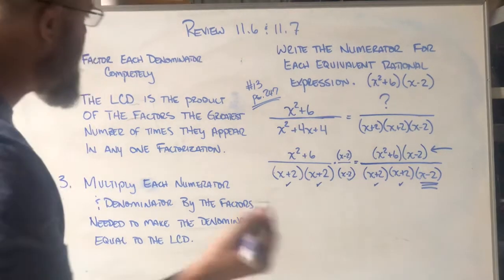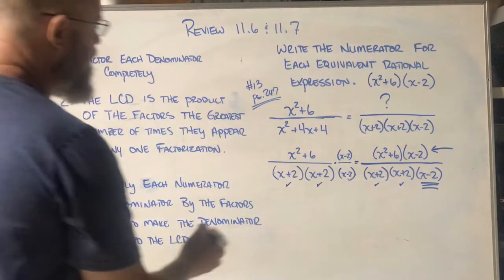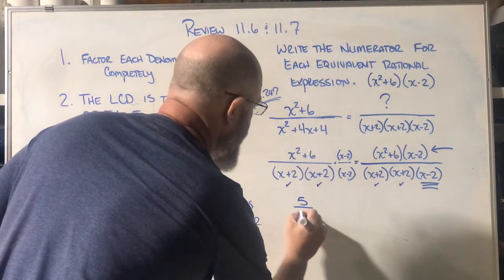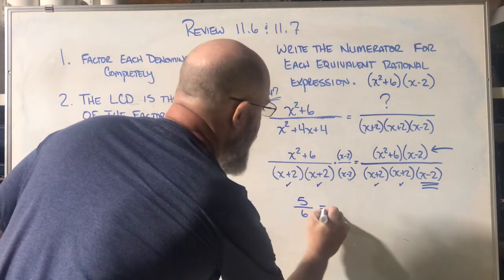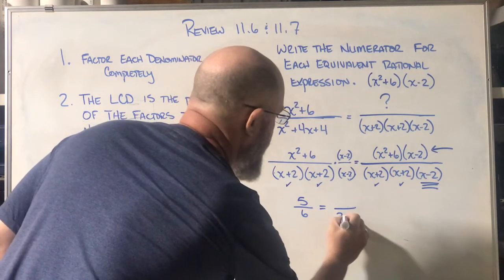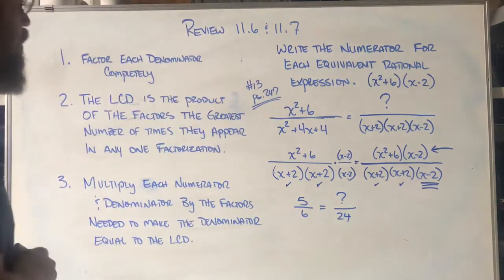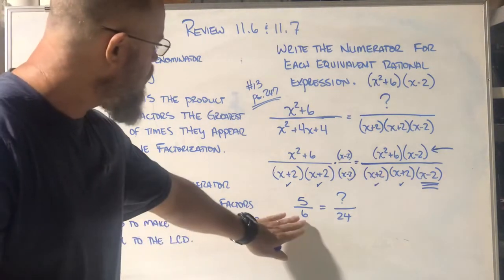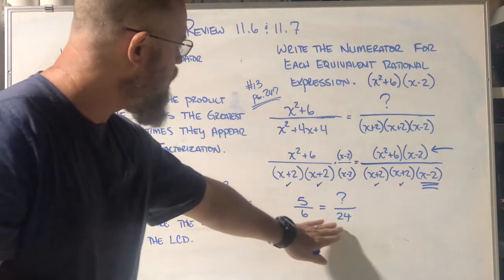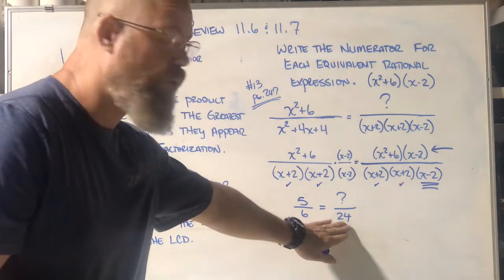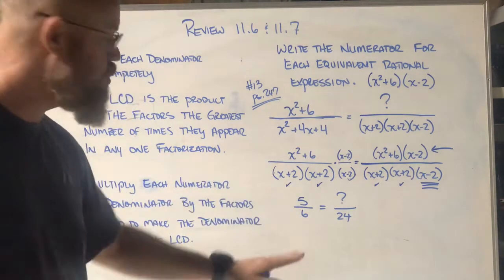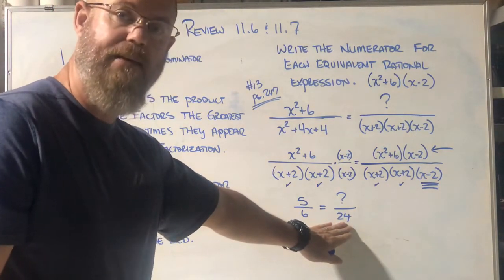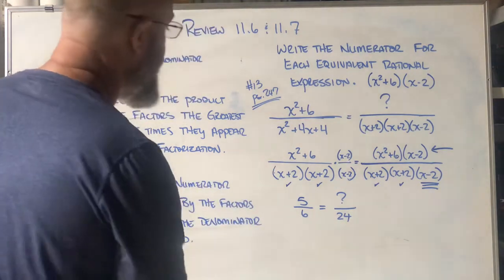It's very similar to if I have 5 over 6, and that equals what over 24? In order to change this denominator, 6, to 24, what did we have to do to the denominator? We had to multiply it by 4, right?